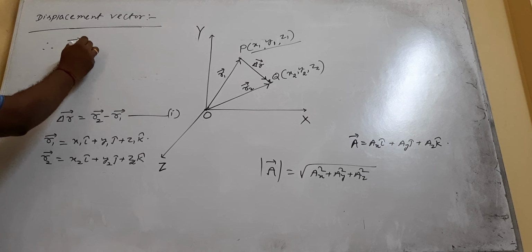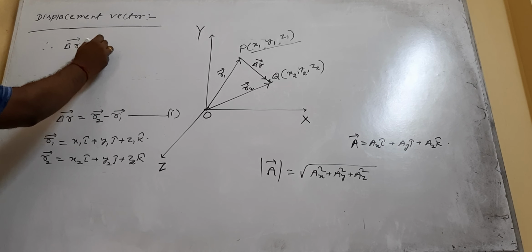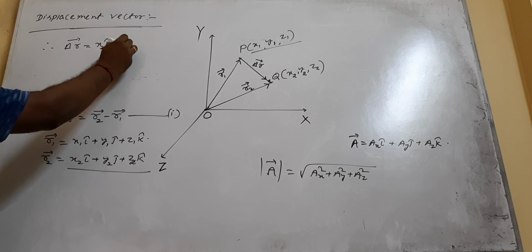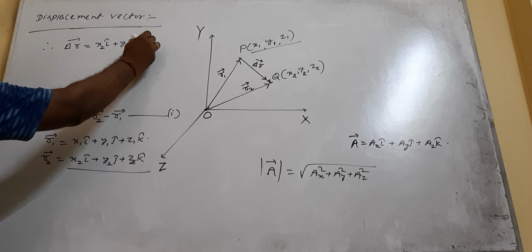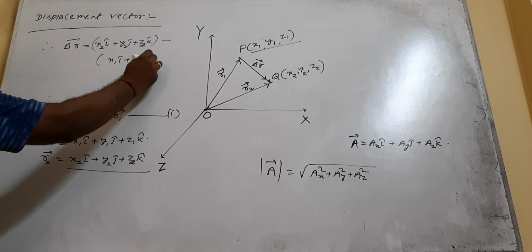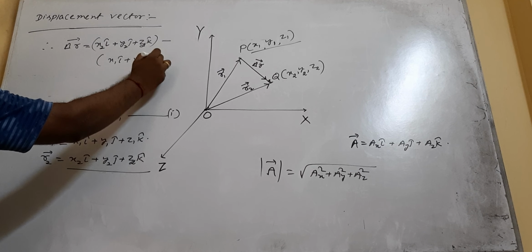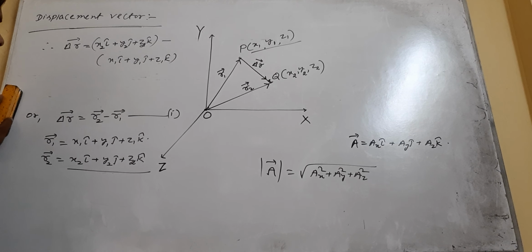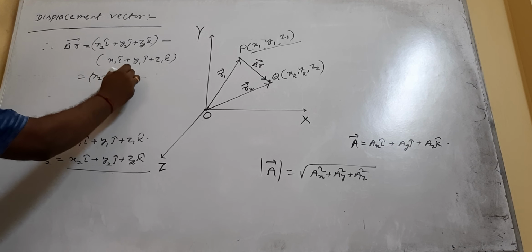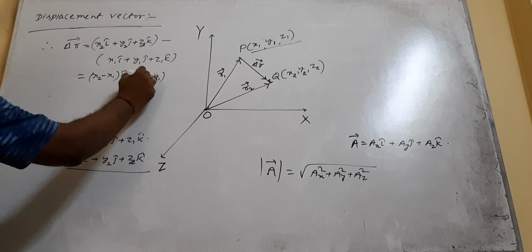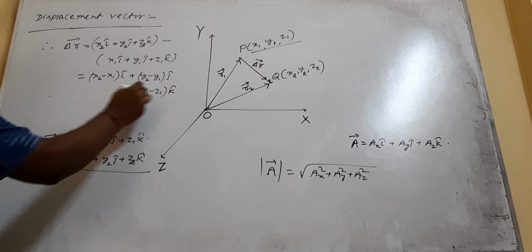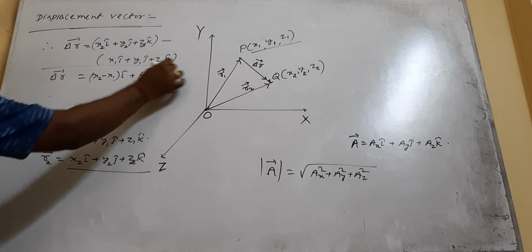Therefore, delta R vector is equal to x2 i cap plus y2 j cap plus z2 k cap minus x1 i cap plus y1 j cap plus z1 k cap. So this is equal to x2 minus x1 i cap plus y2 minus y1 j cap plus z2 minus z1 k cap. It is your displacement vector.